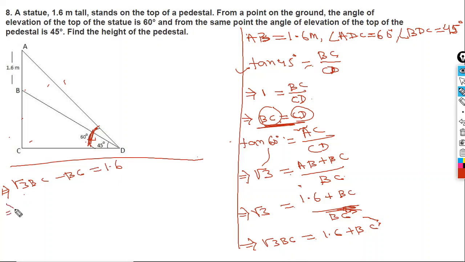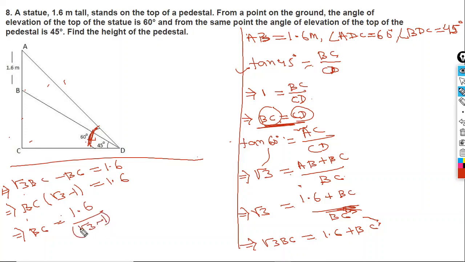Now take BC common, then BC times root 3 minus 1 will be equal to 1.6, implies BC will be equal to 1.6 divided by root 3 minus 1.